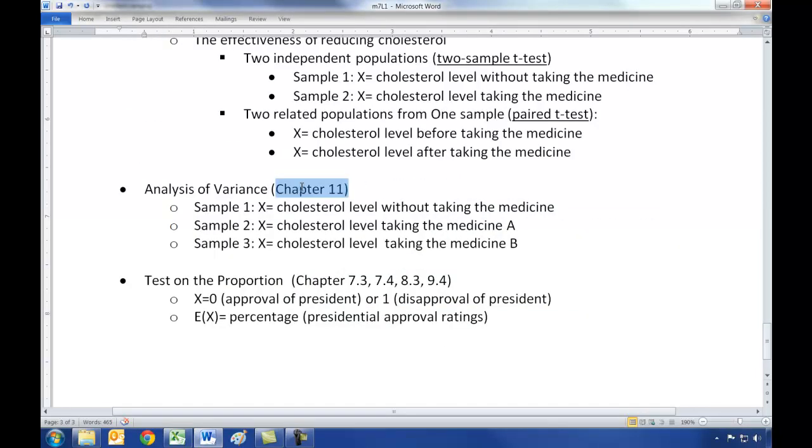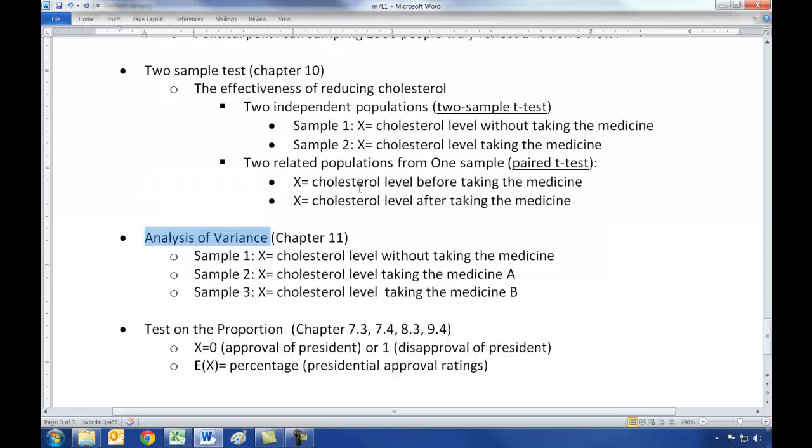In chapter 11, the topic of analysis of variance is discussed. The analysis of variance serves a similar purpose to the two-sample tests, with the difference of having more than two samples. For example, if we try to evaluate two medicines in their efficacies of reducing cholesterol, then we will need to assemble three samples.